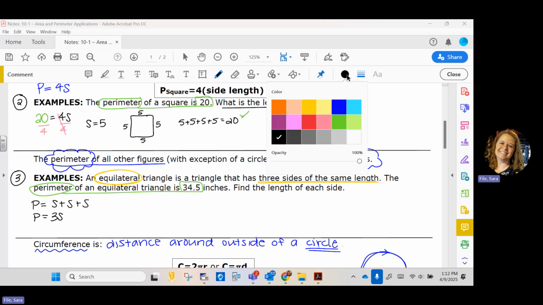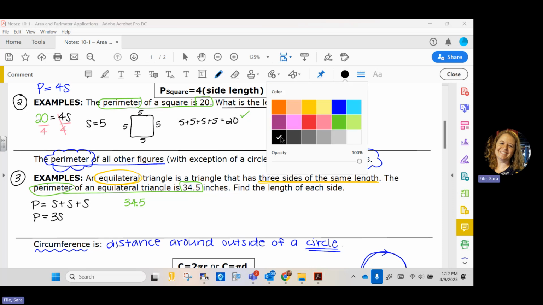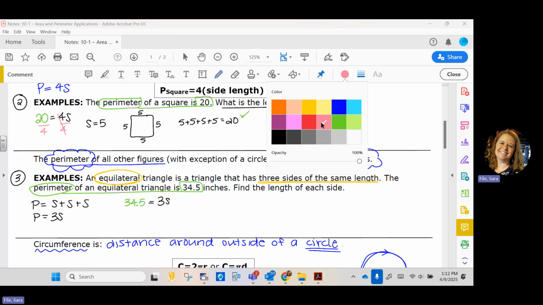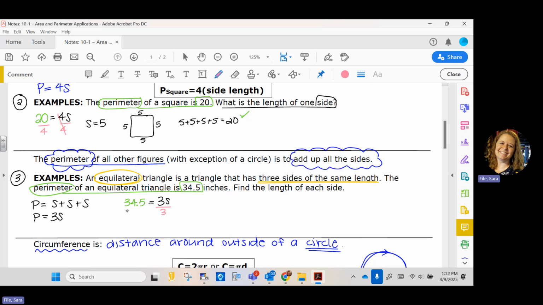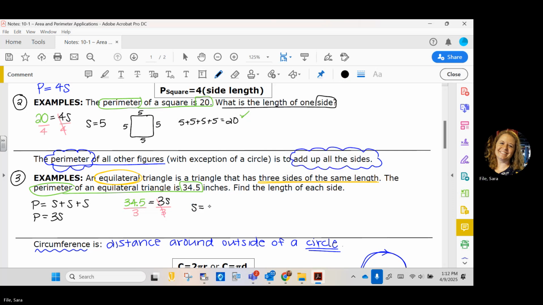So I'm going to plug in the perimeter, 34.5, and set that equal to 3s. To solve for the side length, I divide by 3. The sides of this triangle come out to be 11.5. This time they did give us units, inches. So the sides are 11.5 inches.